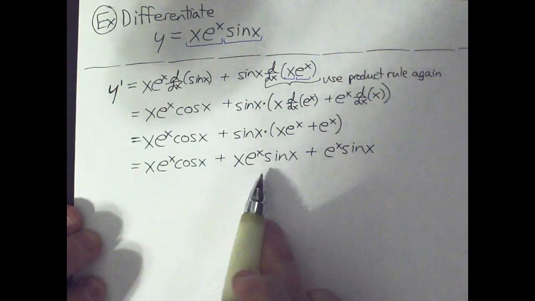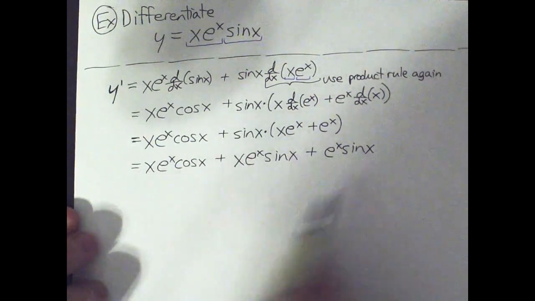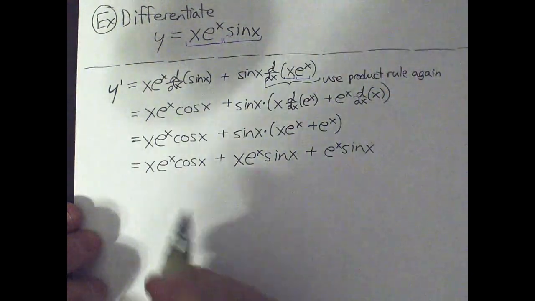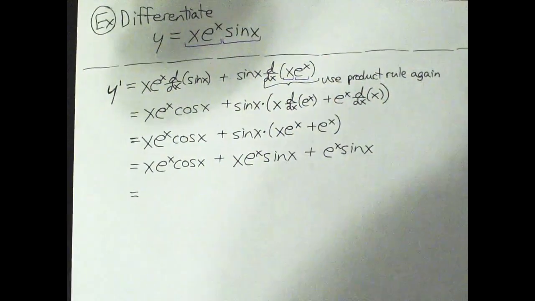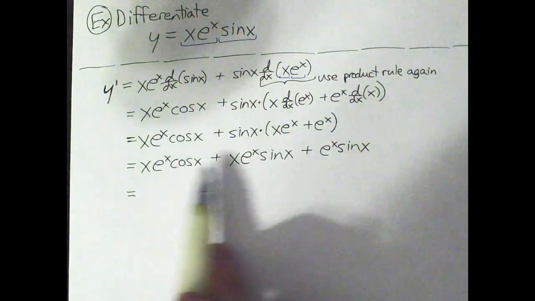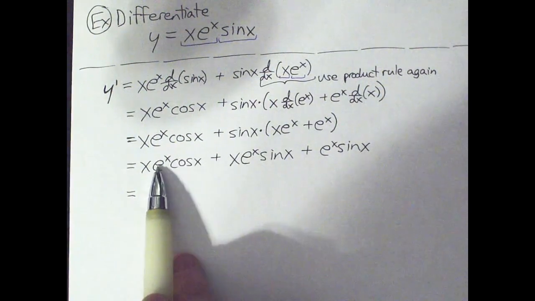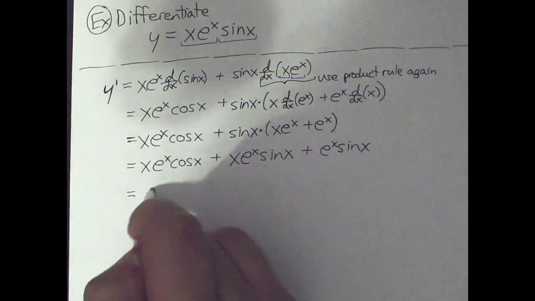And then I look at all three pieces and I say, well, this one has cosine, this one has sine, so they don't really combine, but we could factor something out. Maybe make it a little nicer because all three terms have one thing in common, and that is e to the x. So let's pull that out.